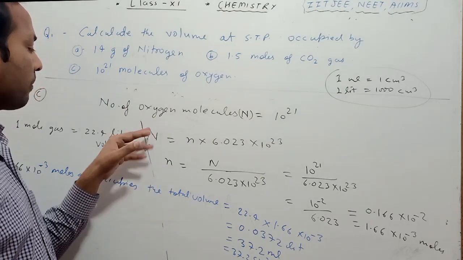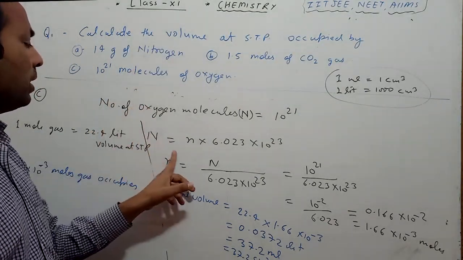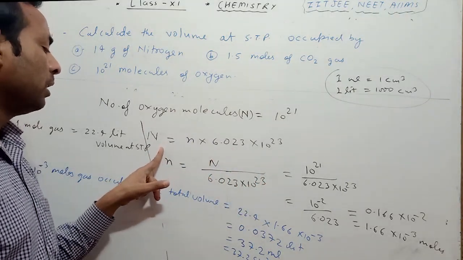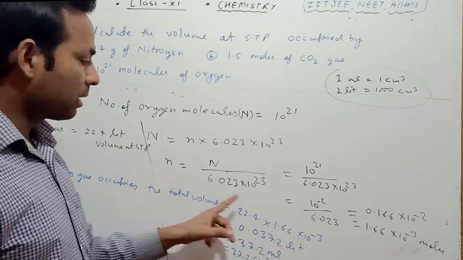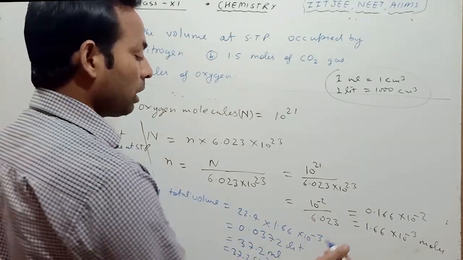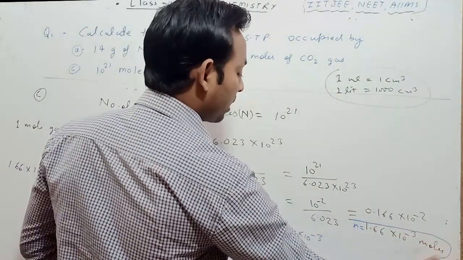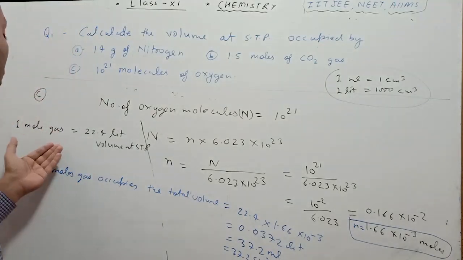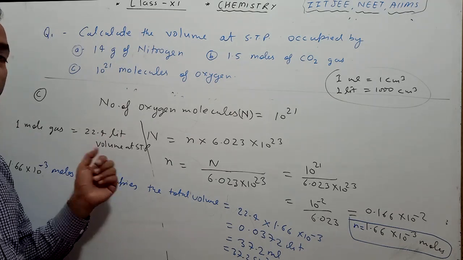So again listen. Here the number of oxygen molecules is already given. So by using this formula, first we have to calculate the number of moles of oxygen gas. After calculating the number of moles of oxygen gas, we know 1 mole of gas occupies 22.4 liter volume at STP.